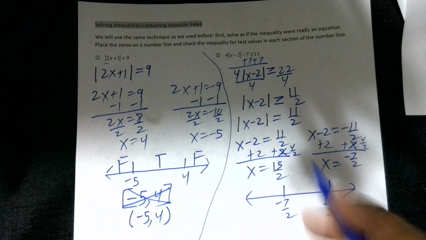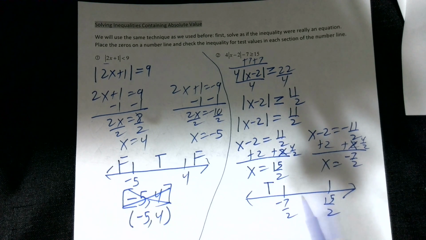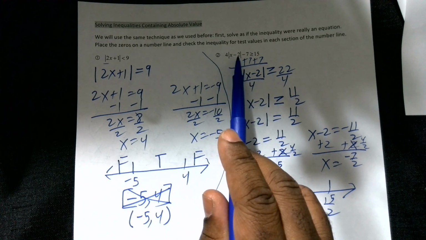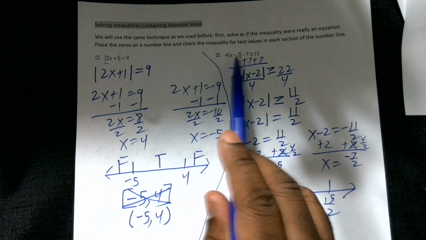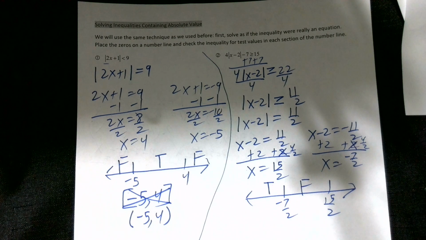And 17 is greater than or equal to 15, so this region is true. For this region here, I will use 0. This will give us negative 2. The absolute value of negative 2 is 2. 4 times 2 is 8. Minus 7 is 1. And we know that's false because 1 is not greater than or equal to 15.